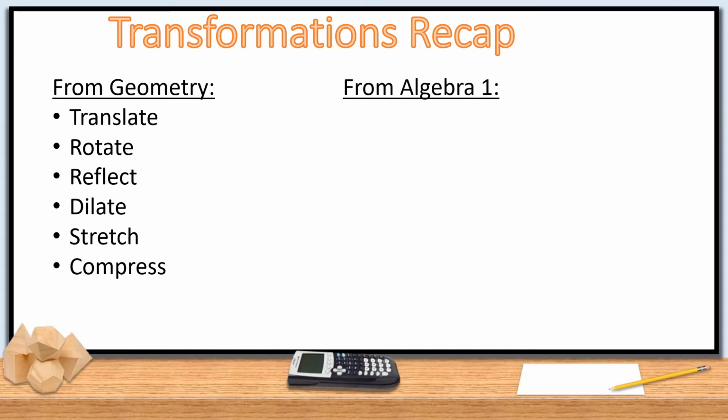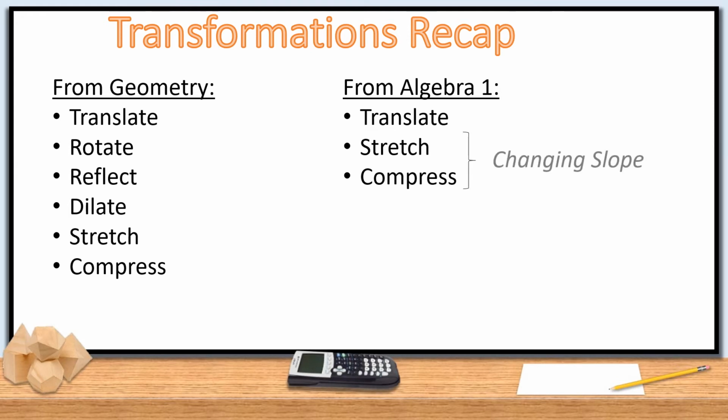In Algebra 1, so that was geometry. In Algebra 1, you did translations. Mostly, I'll come to this in a second, you did stretches and compressions as well. The stretch compression was mostly in linear functions where you talked about changing slope. You also did it a little bit in quadratics. So in the equation y equals mx plus b, the slope was actually a transformation.